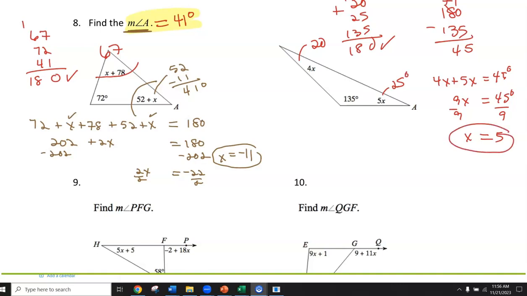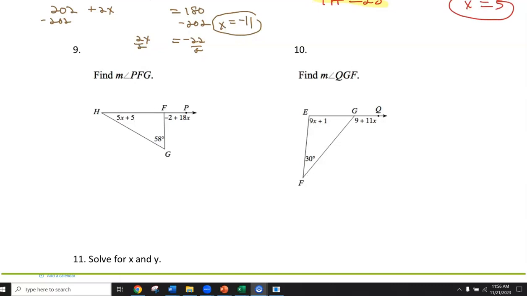If they asked us for the angles, that's my angle. Oh, I guess they did ask me. I apologize. They're saying find measure A. So here's my answer. Okay, angle A equals 25. But I just checked it various ways so that I know that my answer is correct.